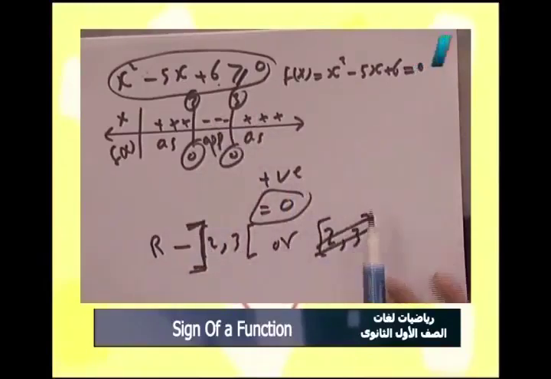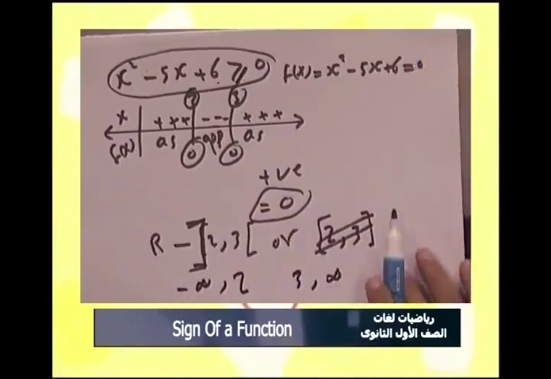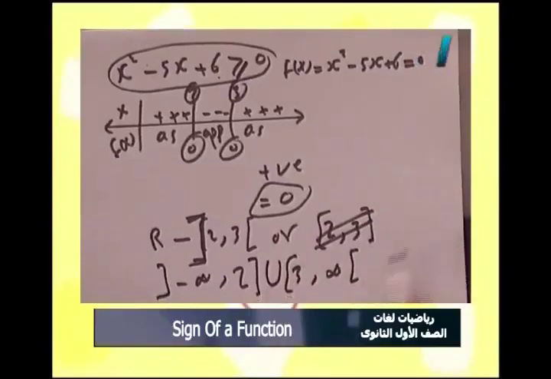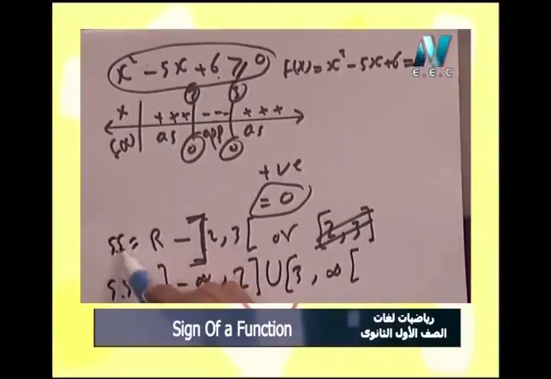Okay? Or we can divide into two parts. It will be negative infinity to 2 and 3 to infinity. This part and this part will give positive, so closed here and open here, closed here and open here. This is a union. So the solution set will be R except 2 and 3, or from negative infinity to 2, union from 3 to infinity.